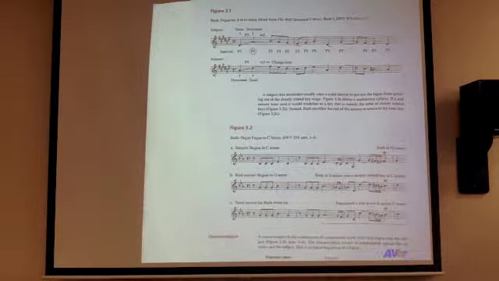All right? And then here's the answer. So it's going to move up a fifth. So it's going to go from D sharp to A sharp. All right? And instead of, here's where it changes.